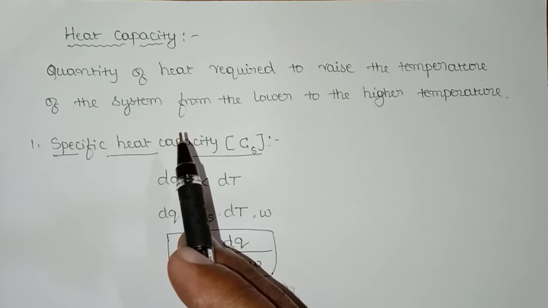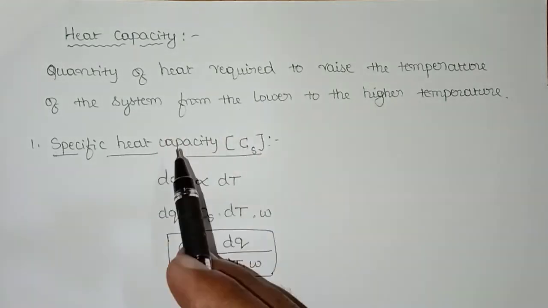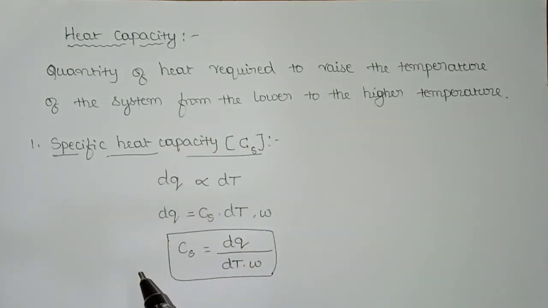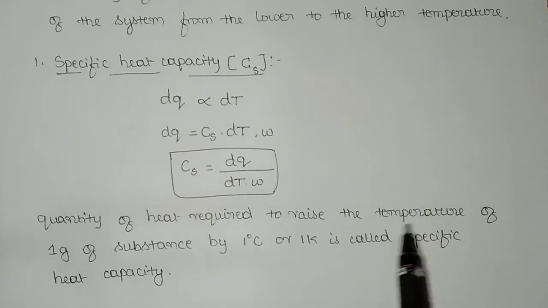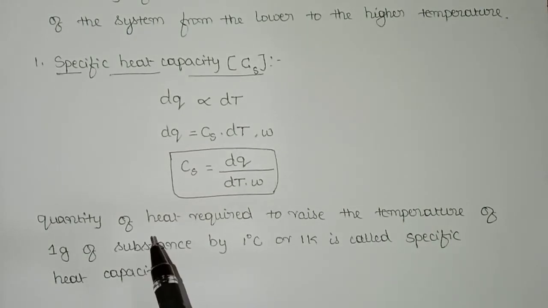So the definition can be written as: quantity of heat required to raise the temperature of 1 gram of substance by 1 degree Celsius or 1 Kelvin. That will be called specific heat capacity.